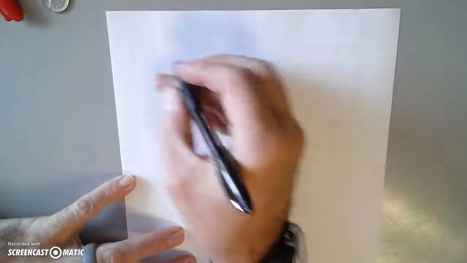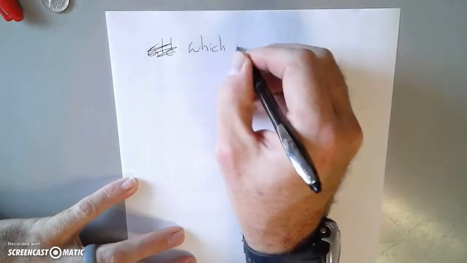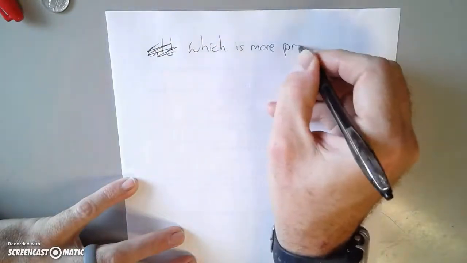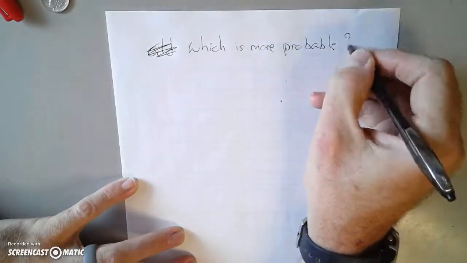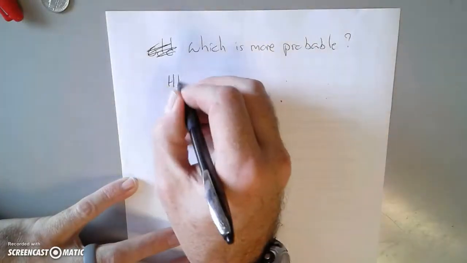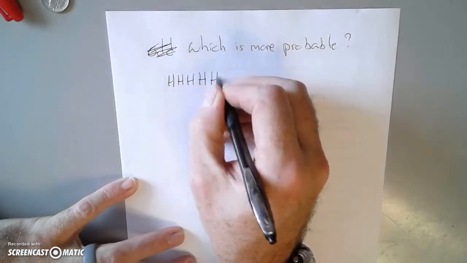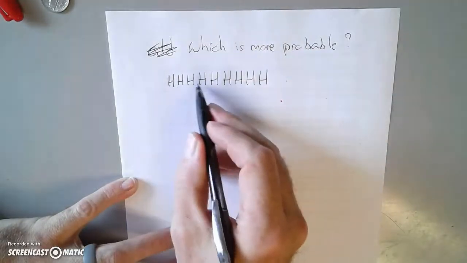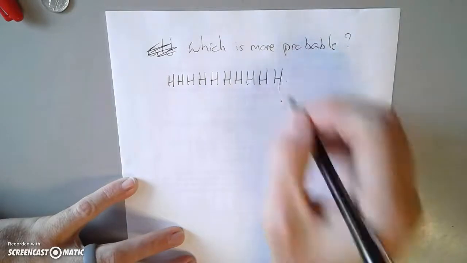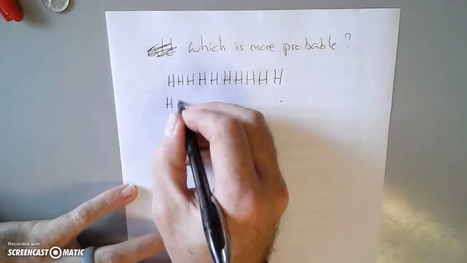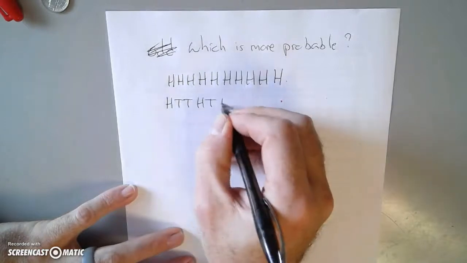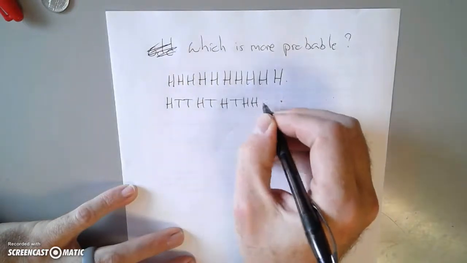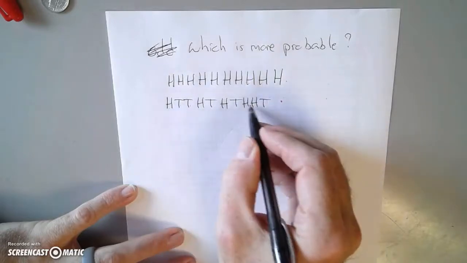Now let's make this a little less intuitive, if it wasn't already. Which is more probable? This is a trick. If I had, how many here? Say 1, 2, 3, 4, 5, 6, 7, 8, 9, 10 heads, or something like this, 1, 2, 3, 4, 5, 6, 7, 8, 9, 10.